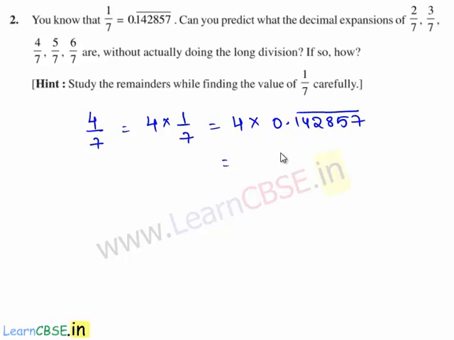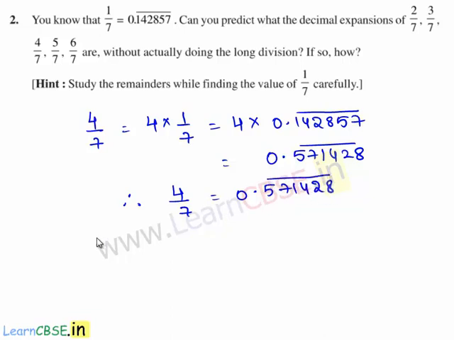This gives 0.571428 bar. Therefore, the decimal expansion of 4 by 7 is equal to 0.571428 bar.